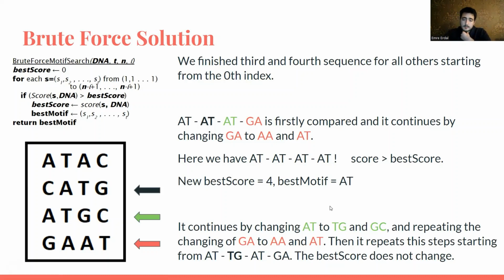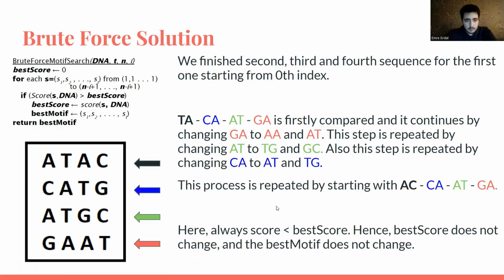So it continues by changing AT to TG and GC, and repeating the changing of GA to AA and AT, and it repeats by making these steps available for changing AT to TG in the second sequence, and the best score does not change from it.